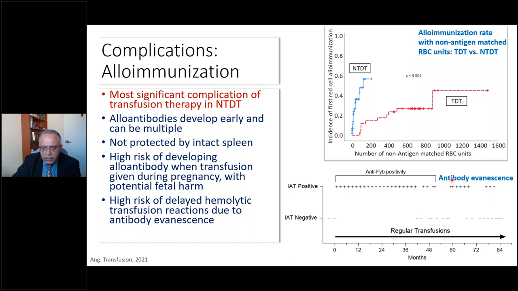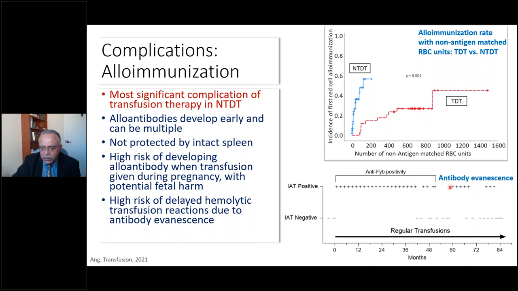I wanted to illustrate an example of antibody evanescence, which is the disappearance of antibodies with time. This is a patient with beta thalassemia intermedia who started off with a prior transfusion reaction history but a negative antibody screen, was given a transfusion and developed a delayed hemolytic transfusion reaction, and then a persistent positivity for the anti-Duffy-B antibody.